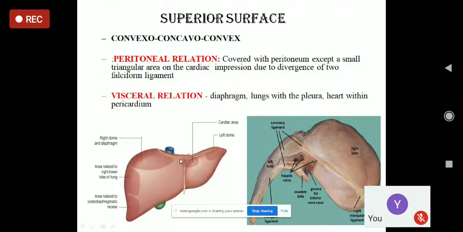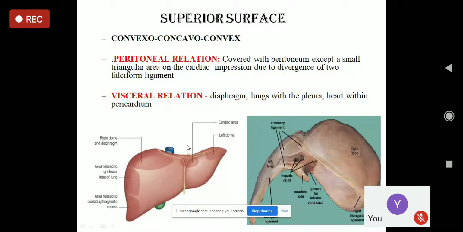This is due to the divergence of the two layers of the falciform ligament. Look at it, the divergence of the falciform ligament. This is the falciform ligament; in the inferior border only, it is known as the ligamentum teres. So this area is non-peritoneal, and here there is the cardiac impression.